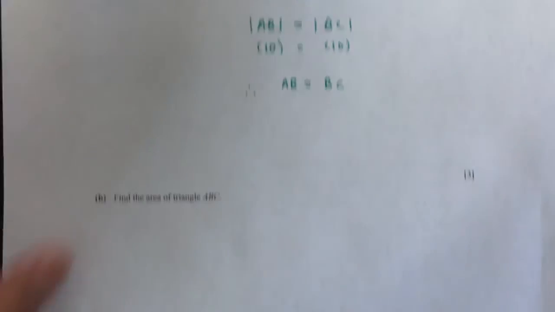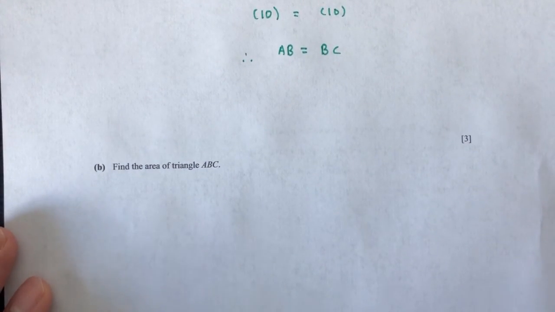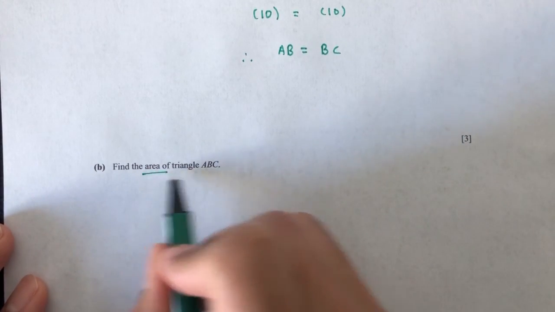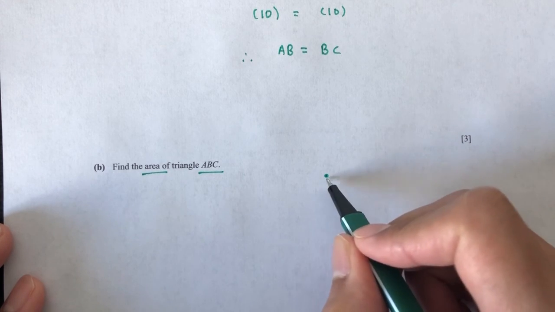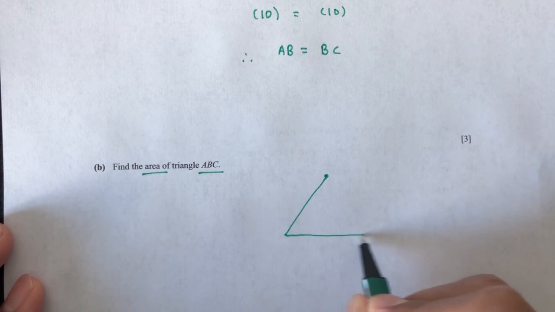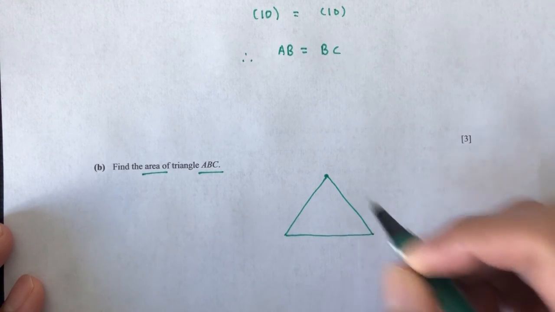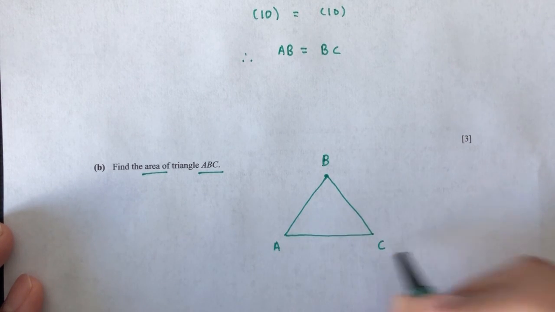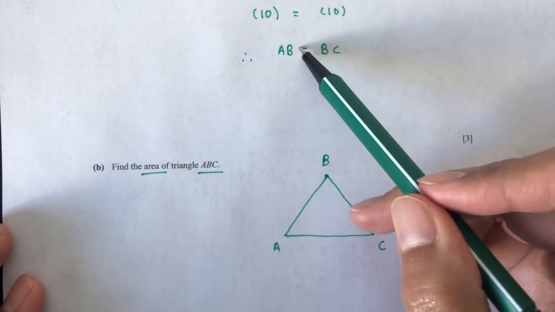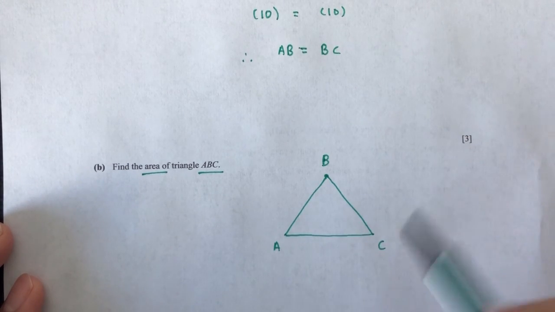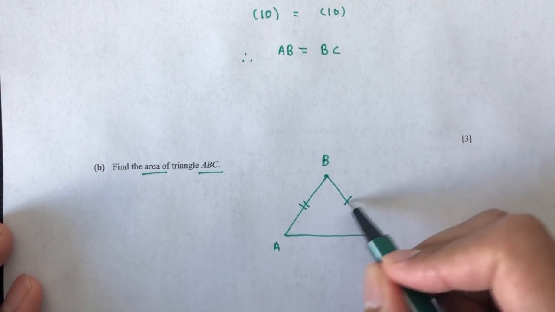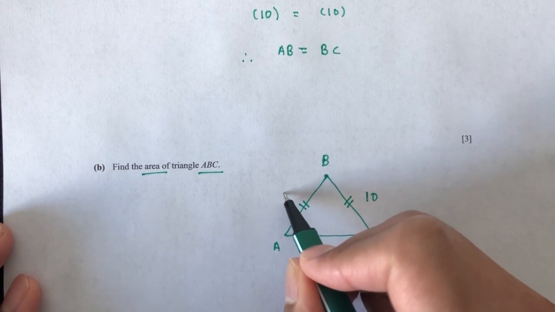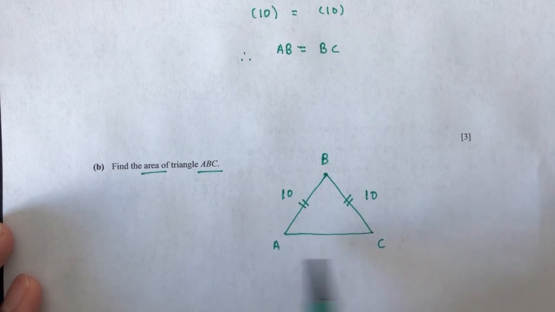Okay. So now moving on to part B, find the area of the triangle ABC. Let's say we have the triangle. This is point B, this is point A, and this is point C. We have proven that AB and BC are the same, so the length is 10 and 10. What is the length of AC? Let's find out.